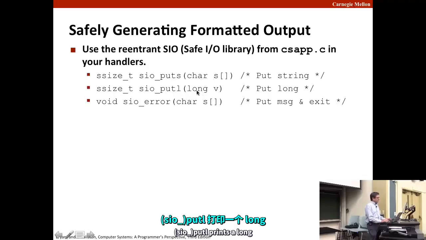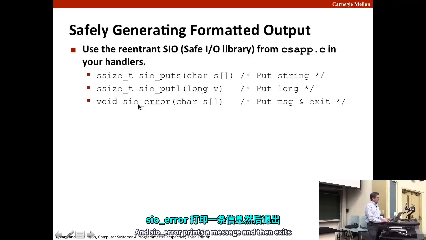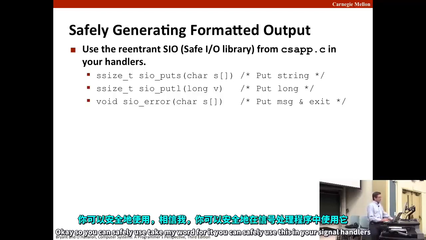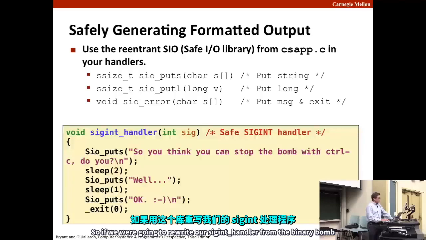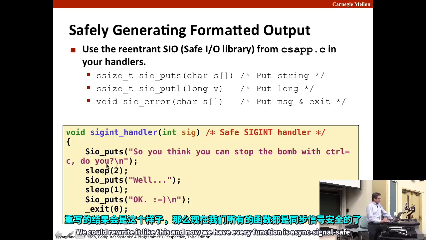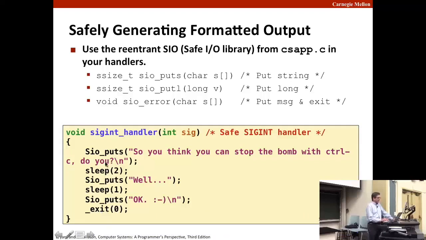Put_l prints a long. And SIO error prints a message and then exits. So take my word for it, you can safely use this in your signal handlers. If we were going to rewrite our SIGINT handler from the binary bomb, we could rewrite it like this, and now every function is async signal safe.